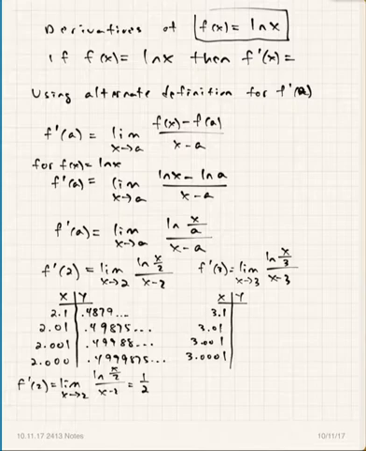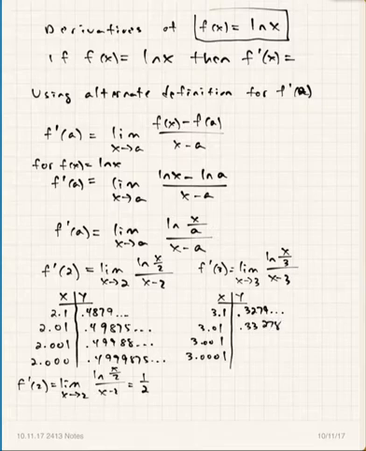So let's see. I put in 3.1, and I get approximately 0.3279. I put in 3.01, and I get 0.33278. Put in 3.001, and I get 0.33328.